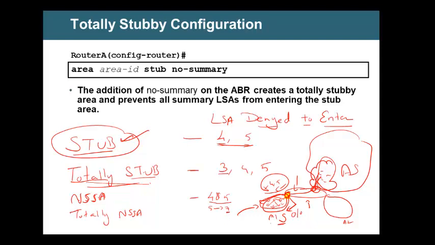Even though it's a stub area, where 4 and 5 are denied, you still got the routes of EIGRP. That's why it is not so. ASBR. When we do the lab, we will understand this better. So, that is not so stubby area.